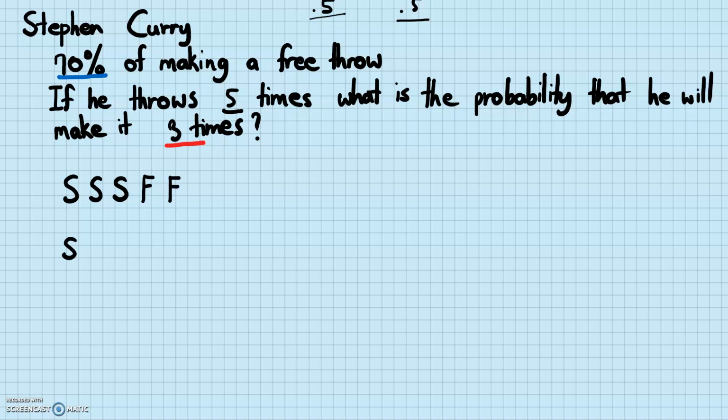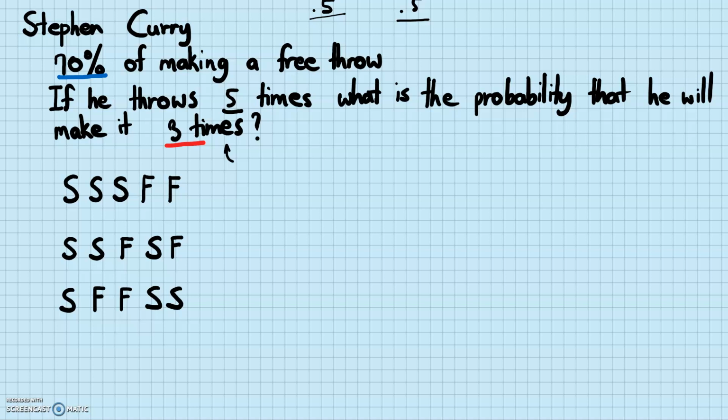He can succeed the first 2 times, miss on the third one, make it on the fourth one, and miss on the fifth one. He can make it on the first one, miss on the second and third, and then make the last 2 times. You'll see there are different ways to make the basket 3 times. Notice I'm doing it for exactly 3 times, not at least 3 times.